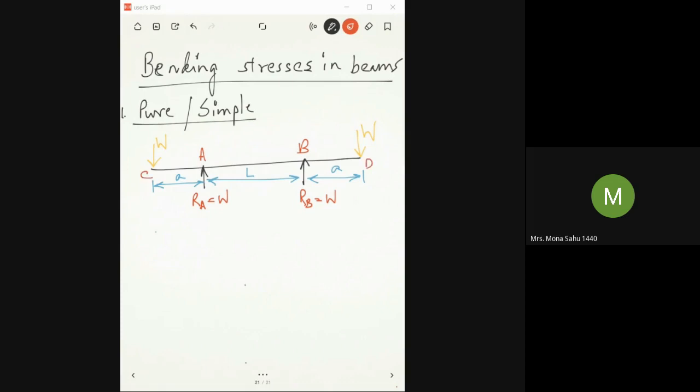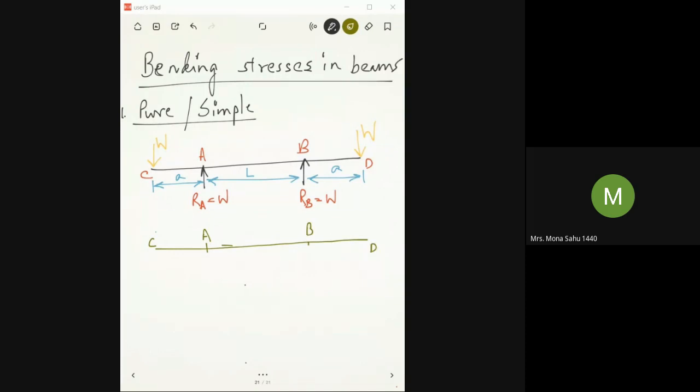Okay, so if we draw the shear force diagram for this, this is how it will look like. So I'll choose another color for this. So same line, the beam length, C, jot the points.